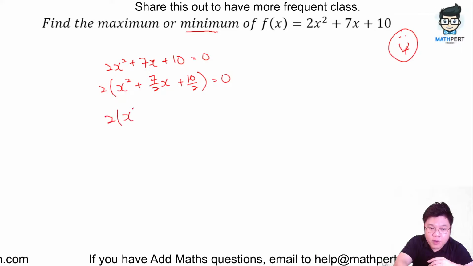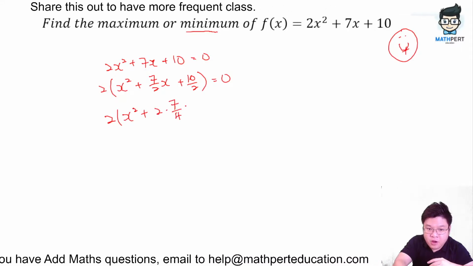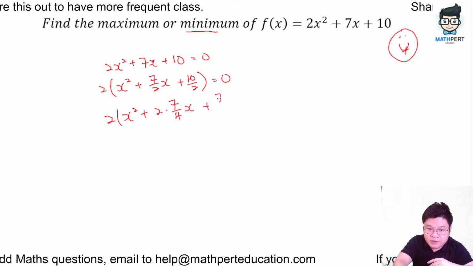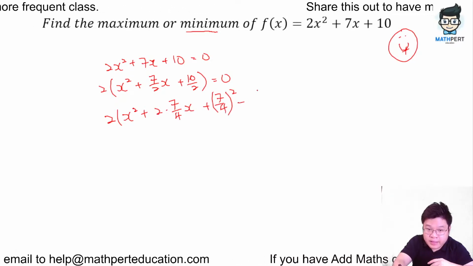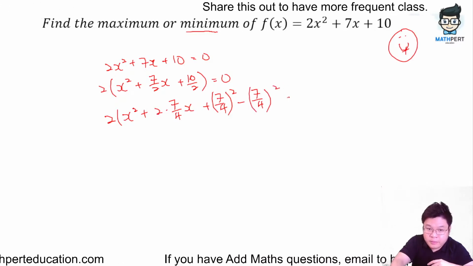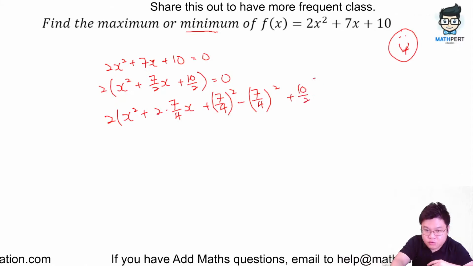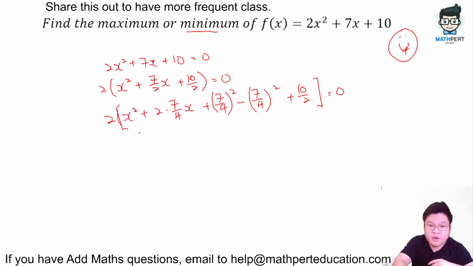So 2 times x squared plus 2 times 7 over 4 x plus 7 over 4 squared, minus 7 over 4 squared, plus 10 over 2.